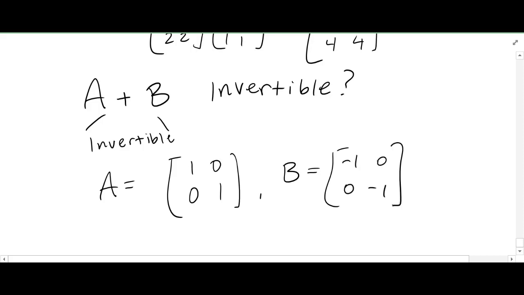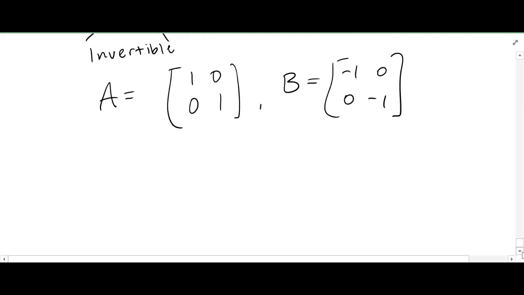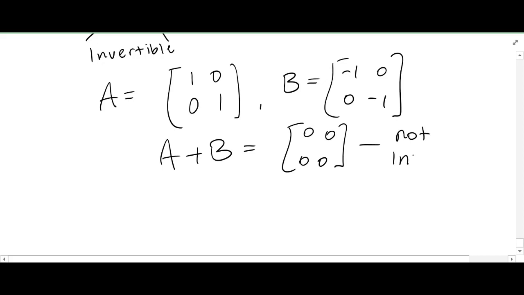Okay, those are invertible, but when you add them together, obviously you get the 0 matrix, which is definitely not invertible, because 0 times anything is just going to give you 0. So the sum of two invertible matrices is not necessarily invertible.